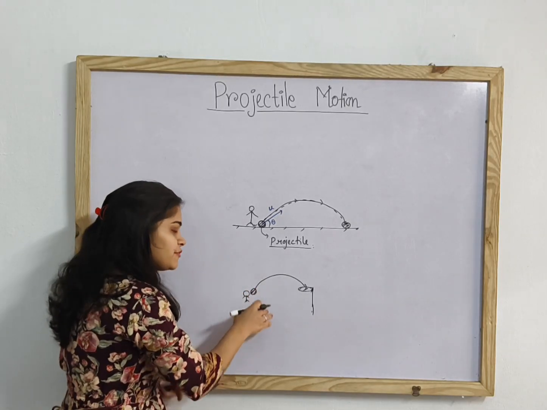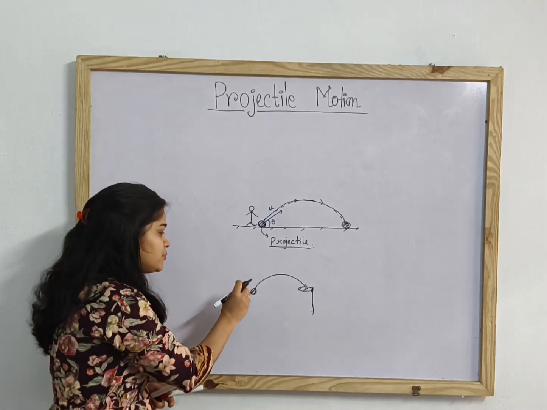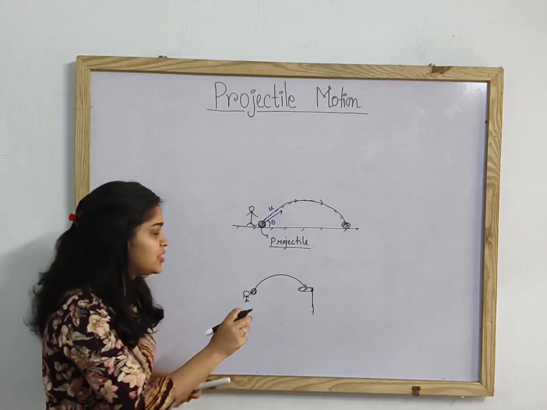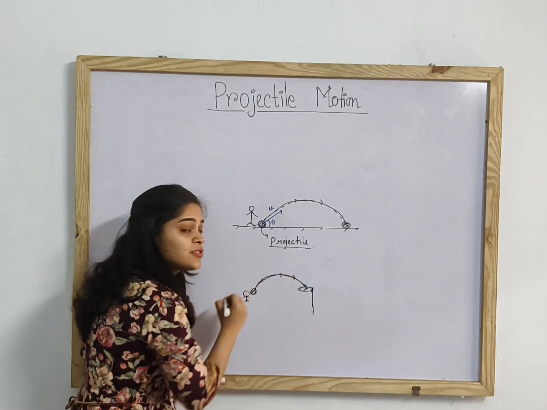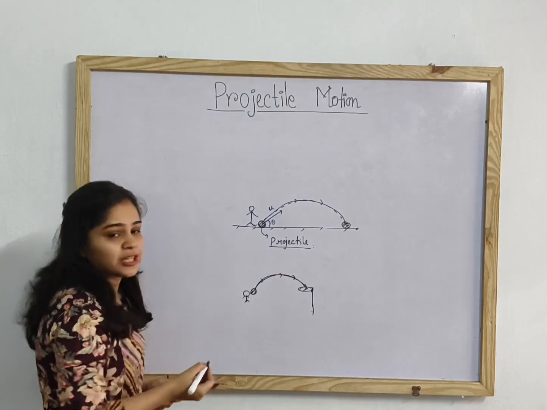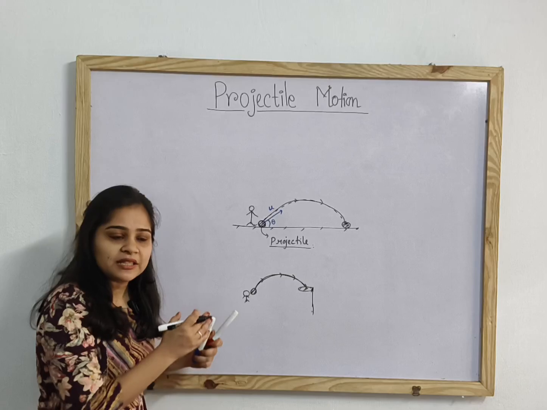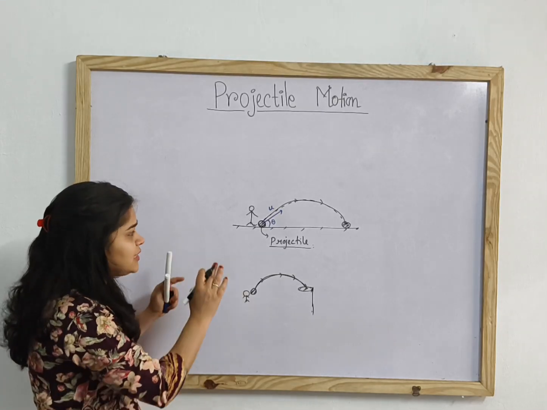After giving the initial velocity and throwing it in a certain direction, it is going to follow a curved path. This trajectory is the trajectory of the projectile, and the basketball is your projectile. Okay, it is clear. So these are the examples.